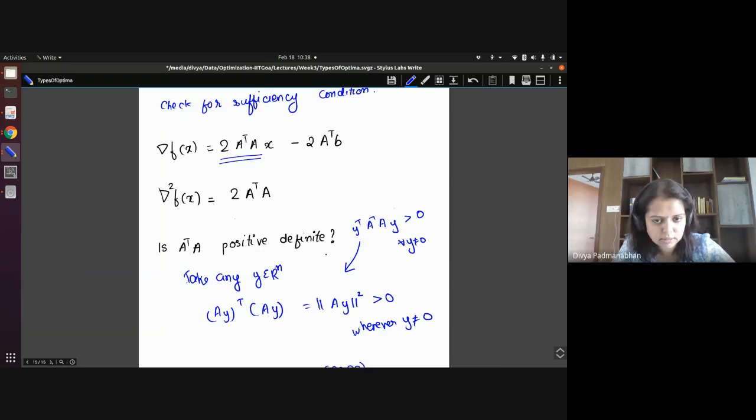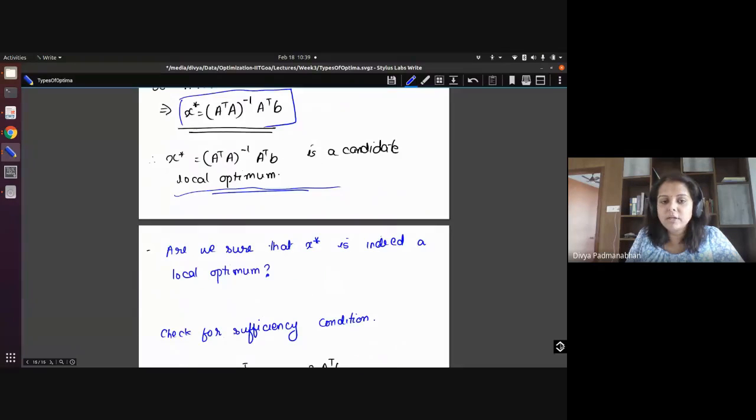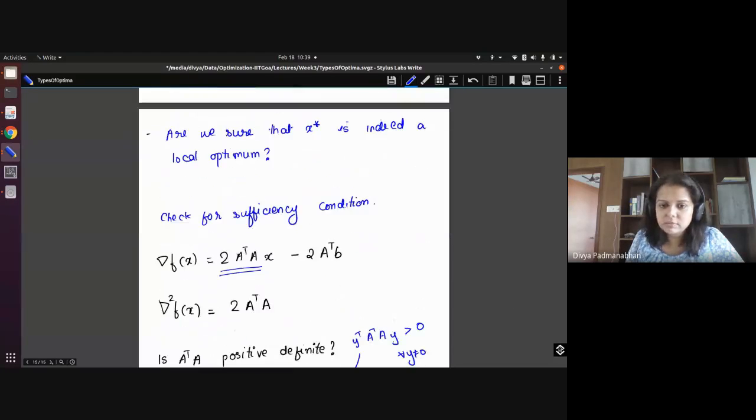These are called convex functions. We will look into them in more depth in a few classes down the line. For these kinds of problems, you already know for sure that the Hessian is going to be positive definite, so it's enough to find a point for which the gradient is 0. That's something to keep in mind.